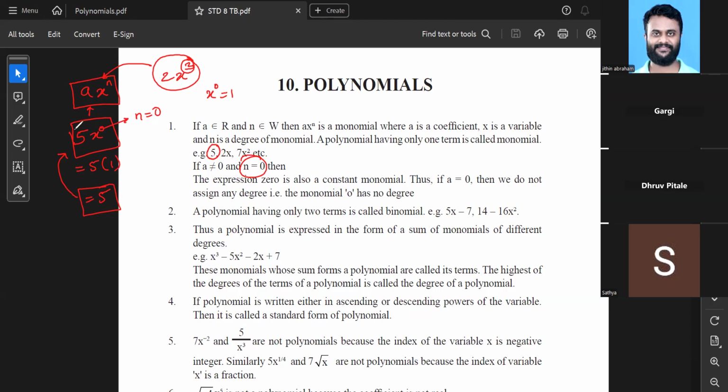But a should not be equal to 0. They have also mentioned over here that if the expression is zero, it is also called a constant monomial. That is, if a is equal to zero, we do not assign any degree. That is, monomial zero has no degree.